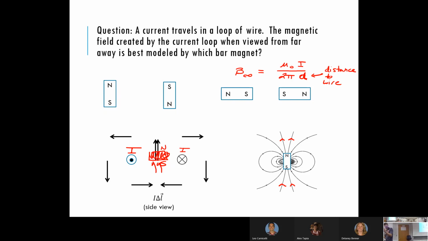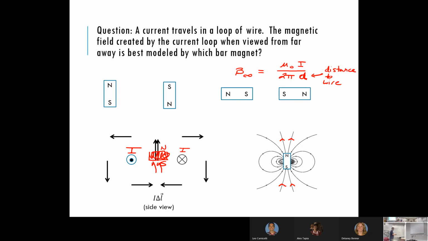So if you have some ideas about capacitor and electric field, let's apply those same ideas to the solenoid and the magnetic field. So for example, inside the capacitor plates, the electric field is constant. Inside the solenoid, the magnetic field is constant.